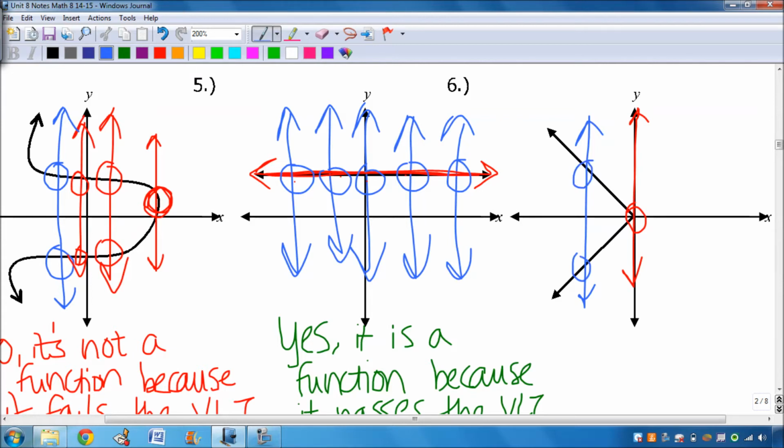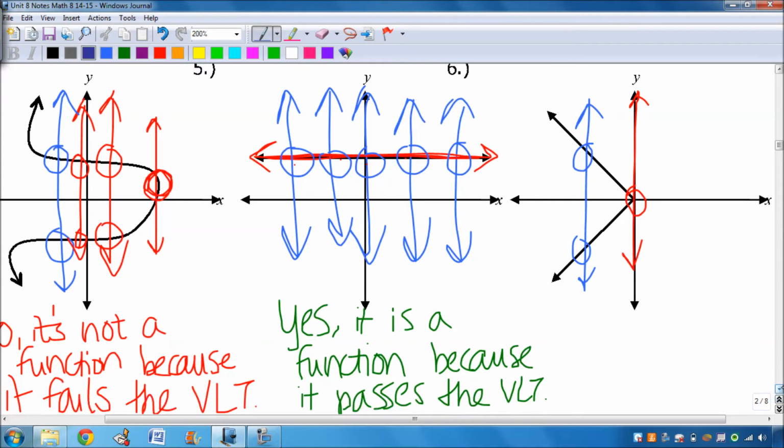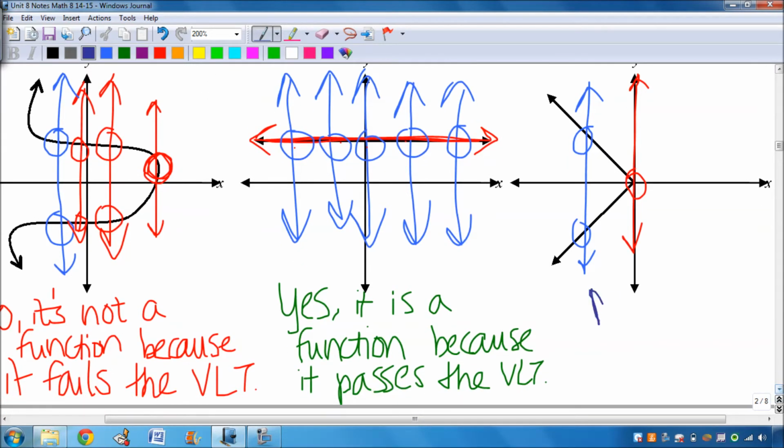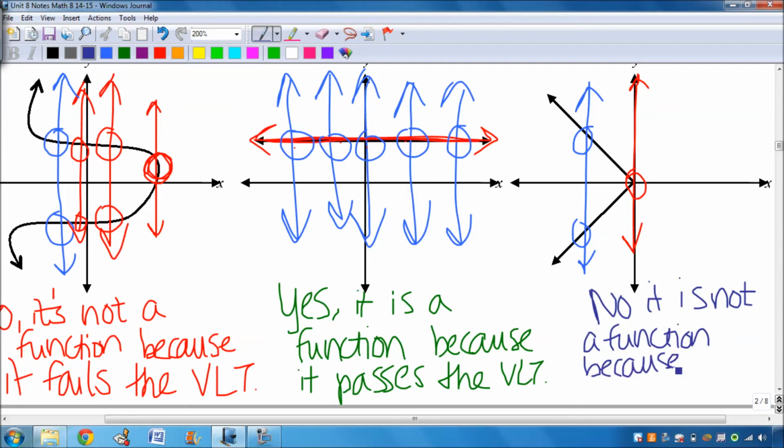So what we're going to say here is, again, no, it's not a function because it does not pass the vertical line test. Or we could say it fails the vertical line test. Okay?